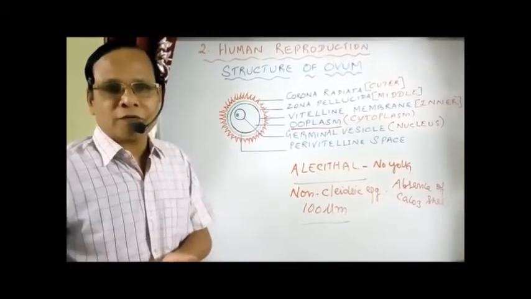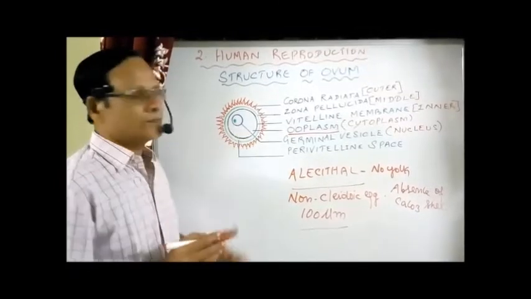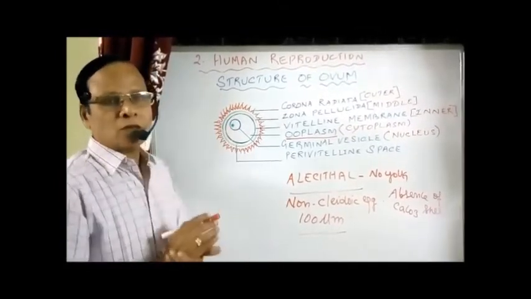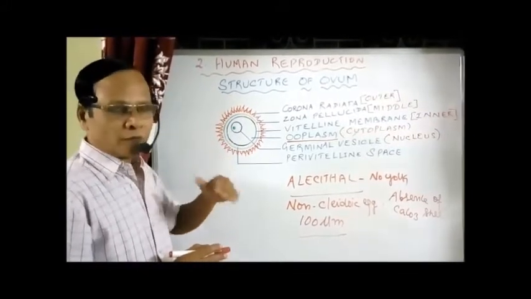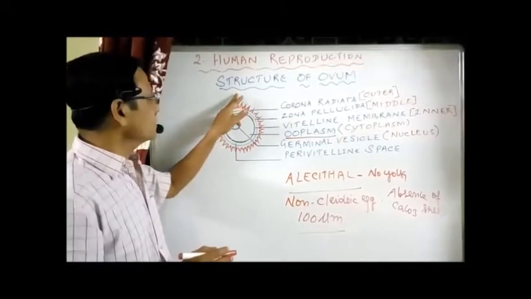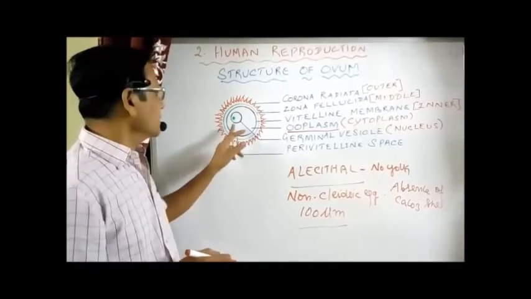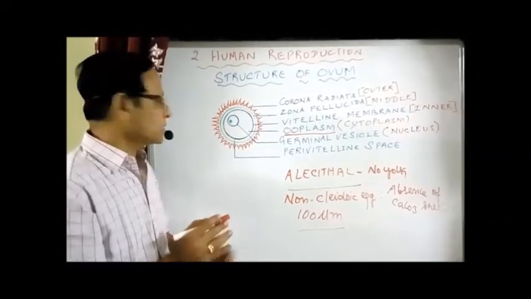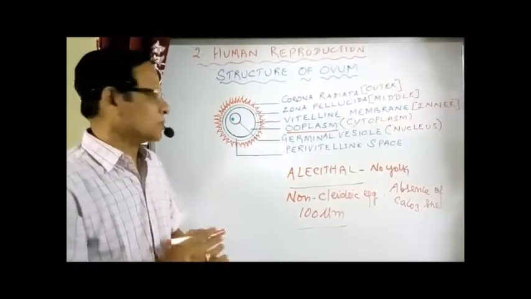Unlike other cells, where the nucleus is found in the geometrical center, here the nucleus is pushed towards one corner, the animal pole. In an egg we have two poles, the animal pole and the vegetal pole, as in the case of the earth. Here the nucleus is pushed towards the animal pole. It is not present in the geometrical center, it is eccentric in position.